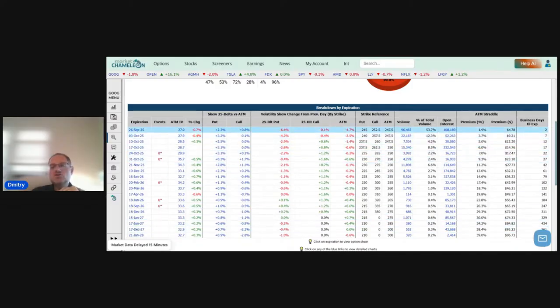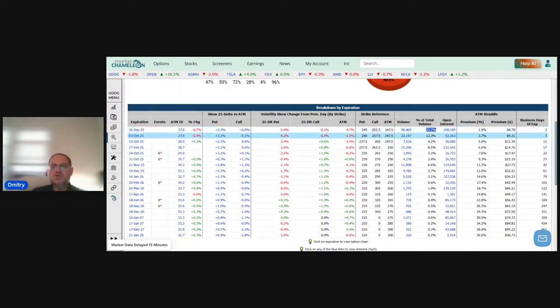And to make it easier, here we have a breakdown of what percent of the total volume fell in that expiration. So 53.7% of all the volume traded in Google was in the September 26th expiration. Then 12% was in October 3rd, and so on.